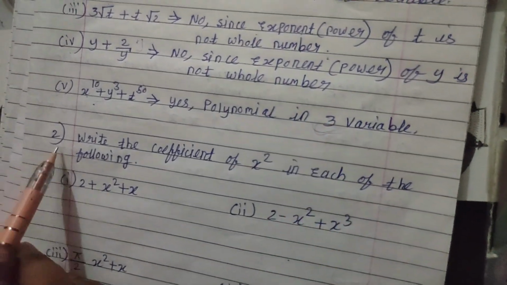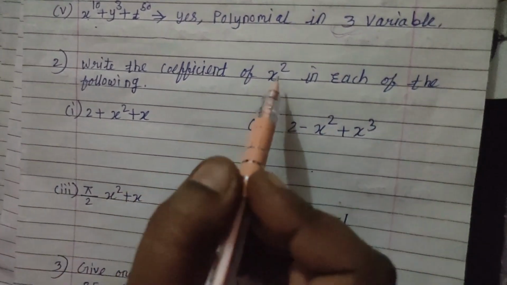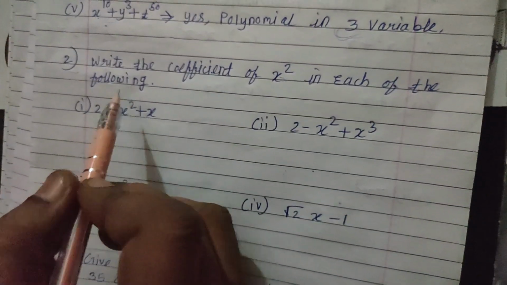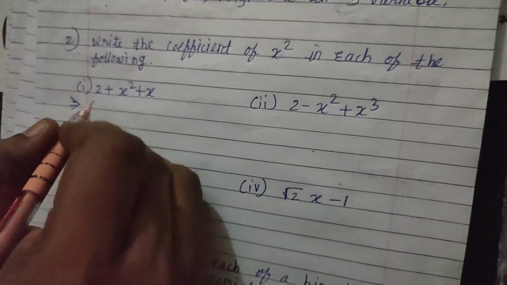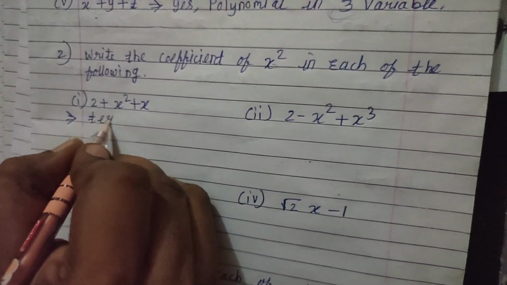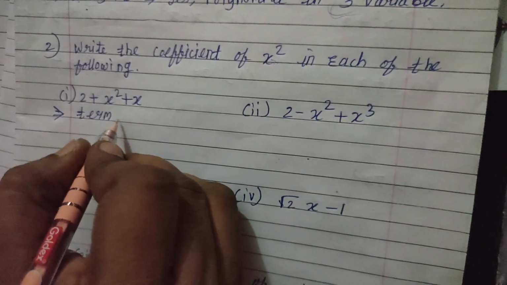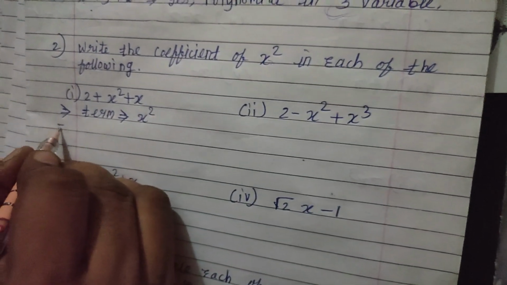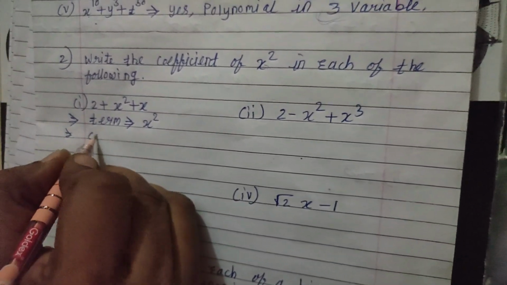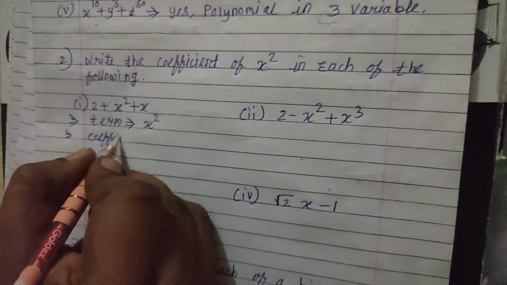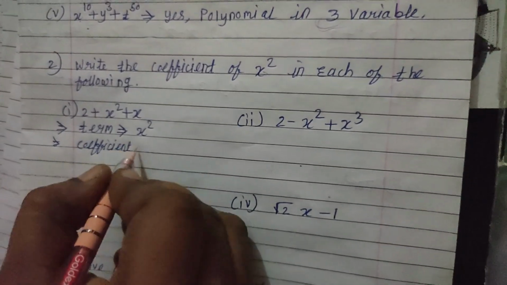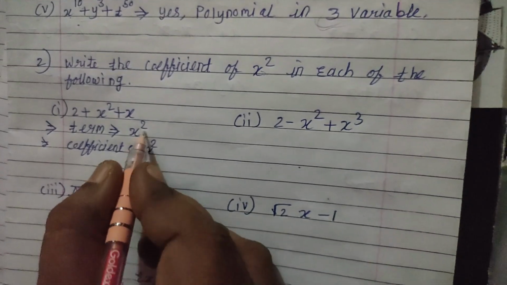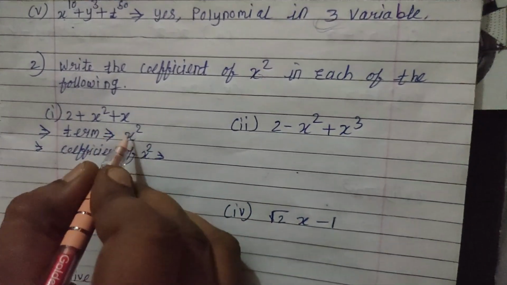Okay. Now second question, write the coefficient of x square in each of the following. First of all you have to write the term which contains x square. Here the term containing x square is x square only. Now you have to write the coefficient. To find the coefficient of x square, you have to exclude x square.